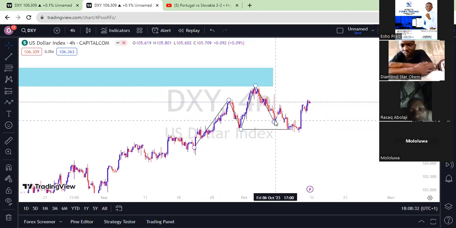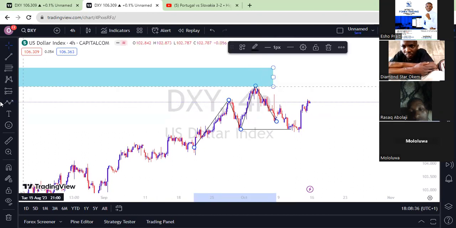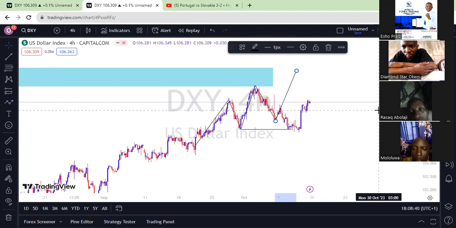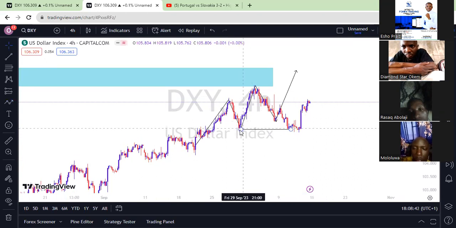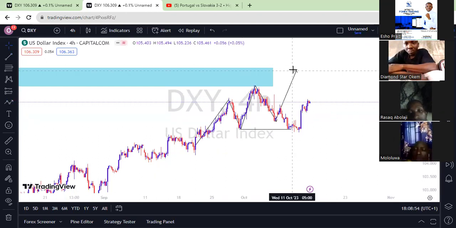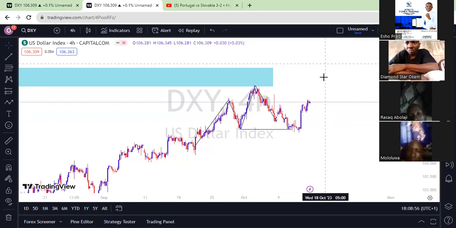Yes, sir. The market will not take out this low here. So the market will just give us something like this, then push up. Once the market takes out this low here, it means that the market has changed structure from uptrend market to what? To a downtrend market. So that is exactly what we have there.